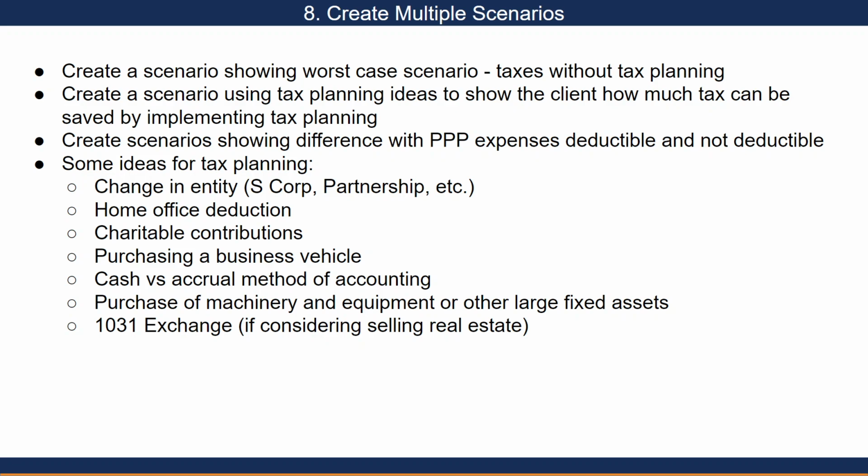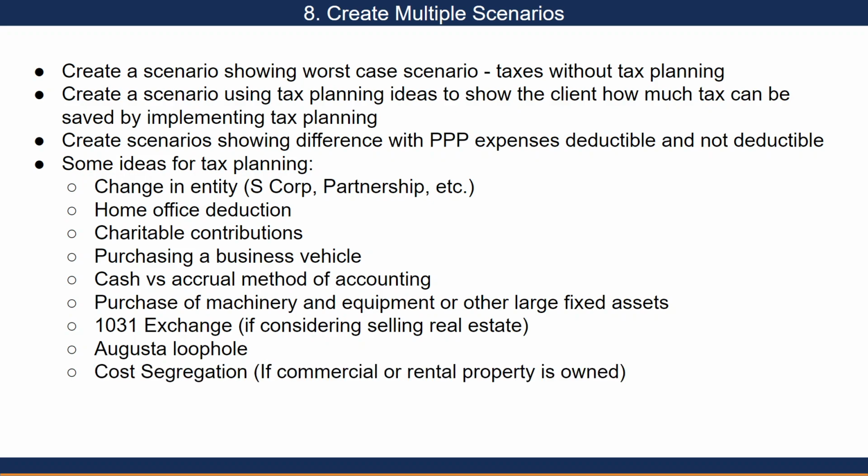This is what it looks like if you don't do a 1031 exchange, because that could help them either do the 1031 or decide not to do it, depending on how much tax they're going to have to owe. You could run a scenario with doing the Augusta loophole to help them save tax there.